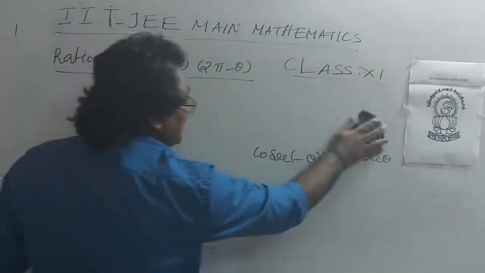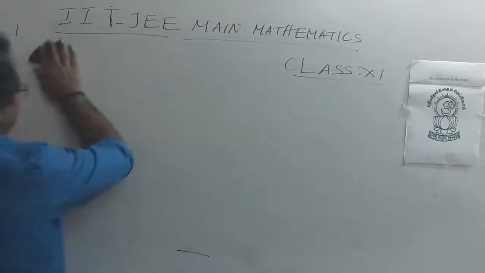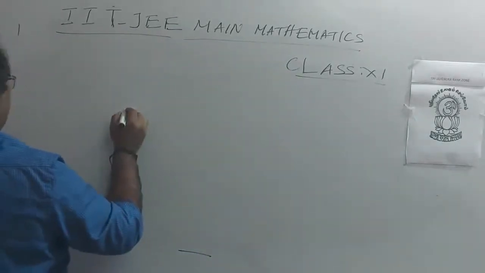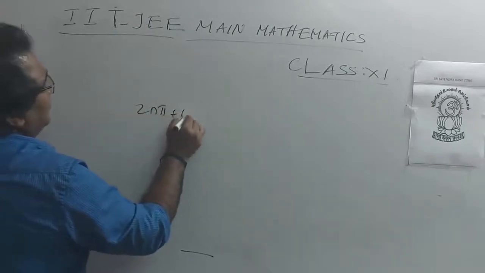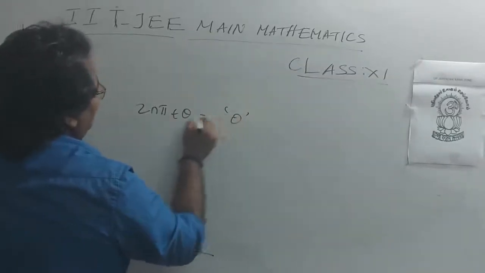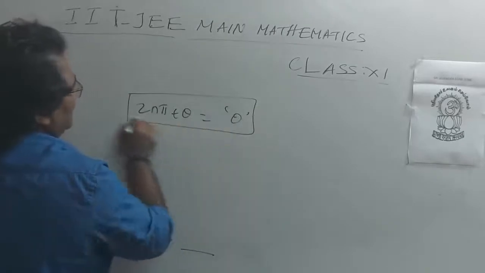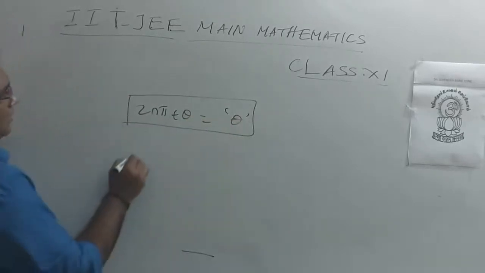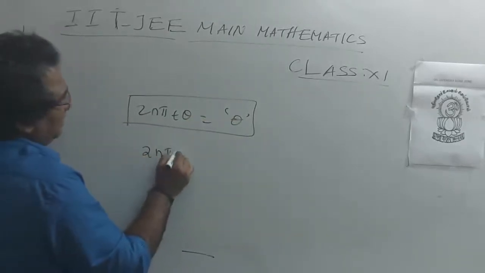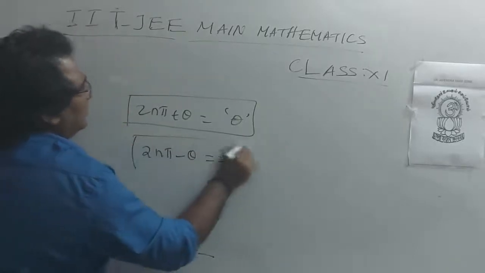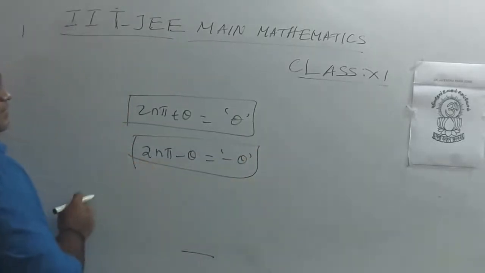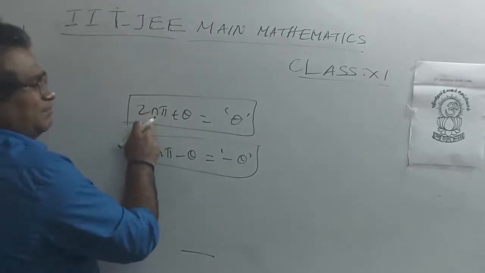So 360 plus theta means just theta. 2n pi plus theta equal to theta. Like that, 2n pi minus theta equal to minus theta. 2n pi means multiples of 2 pi.